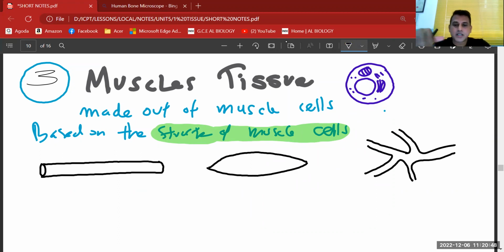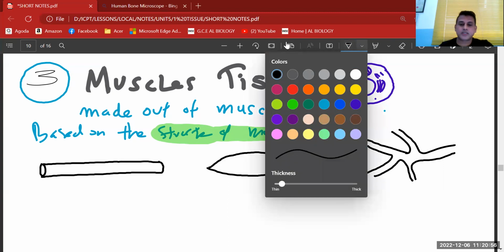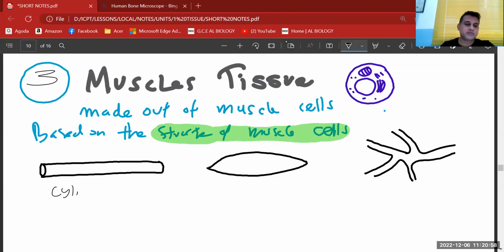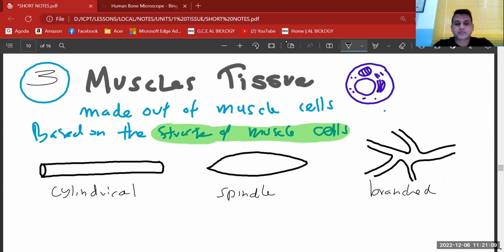Cylindrical, spindle-shaped, branched. The shape is completely different.